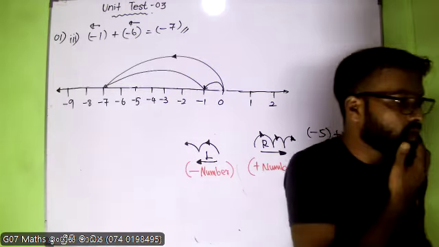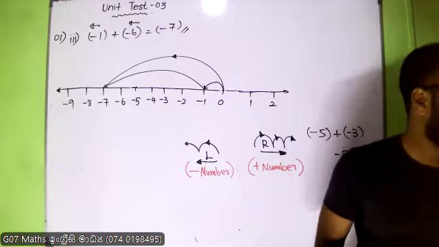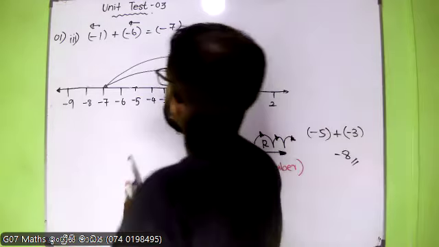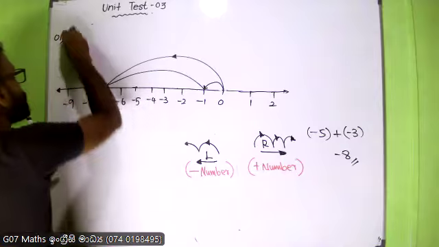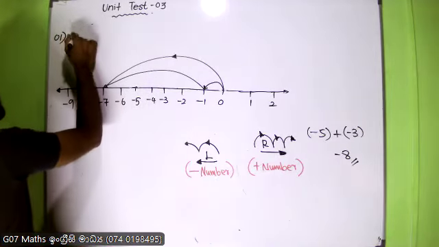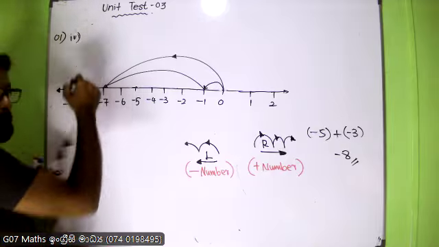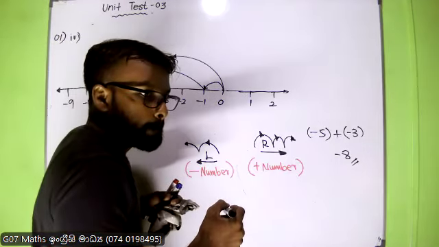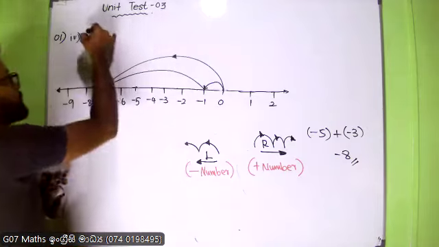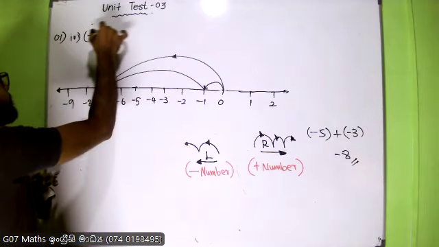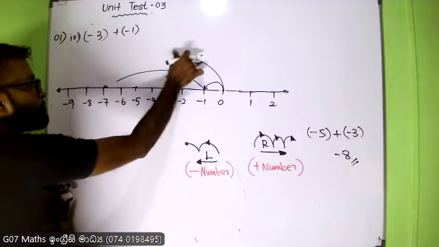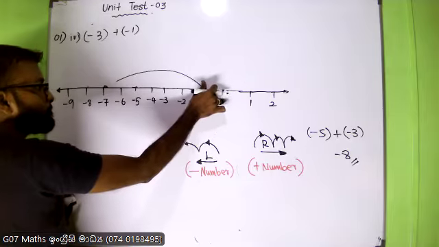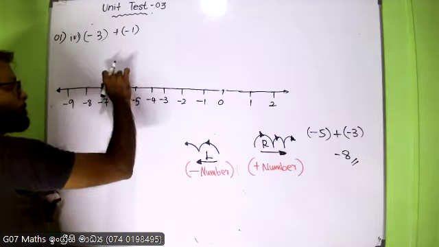Good. So there are a lot of negative numbers. Fourth one. -3 plus -1. Right.